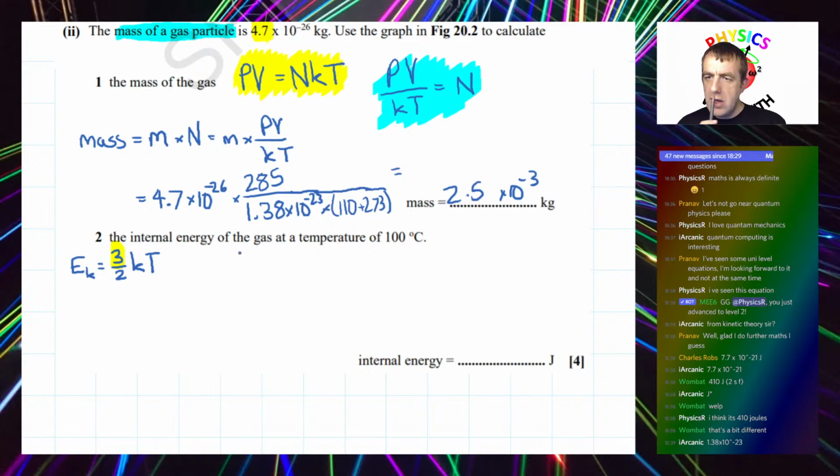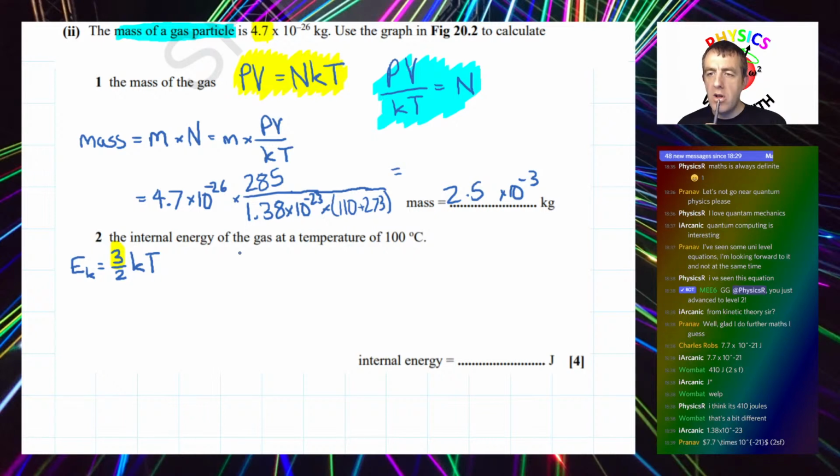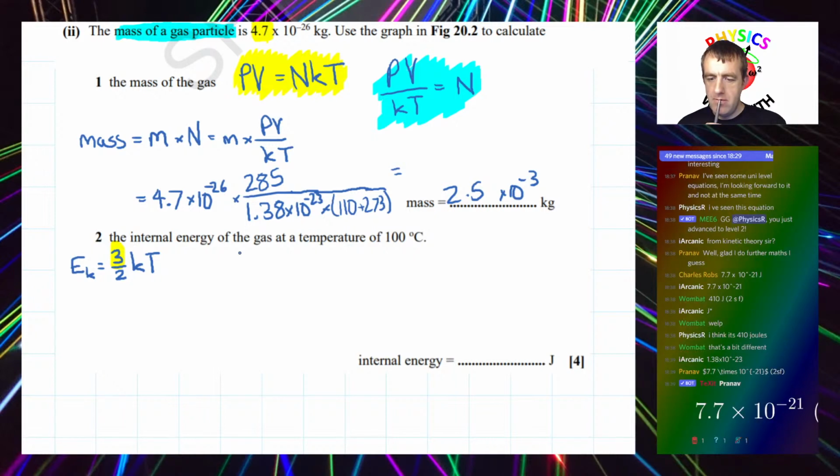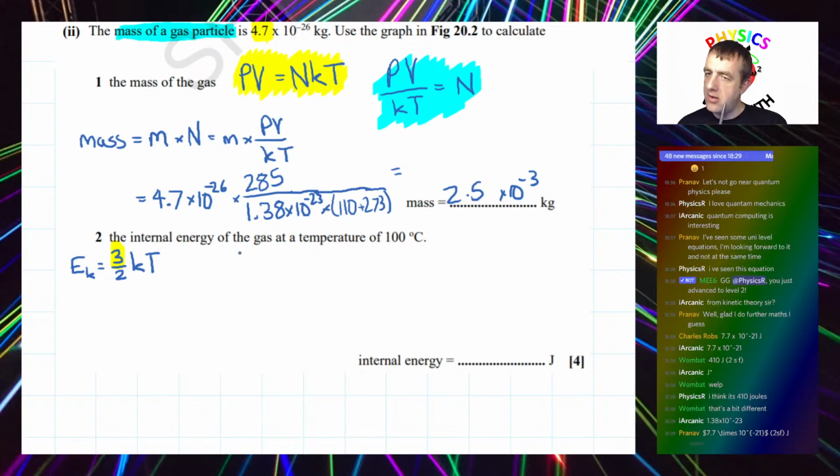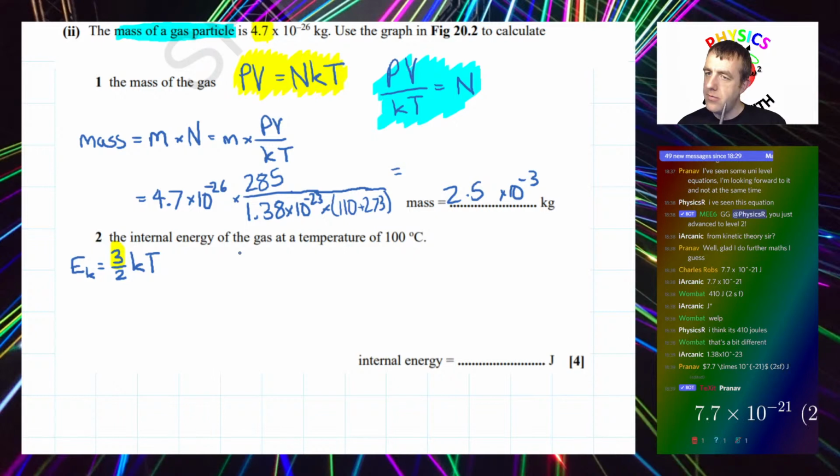Okay, so a lot of you are giving me the average kinetic energy of a molecule. 7.7 times 10 to the negative 21 is the average kinetic energy of a molecule. But that's not what the question asks. You must be careful with this.